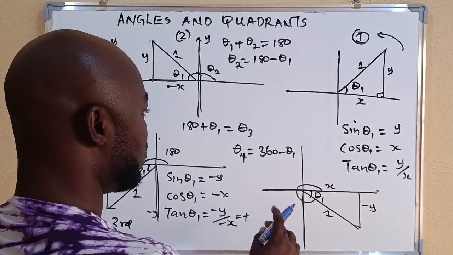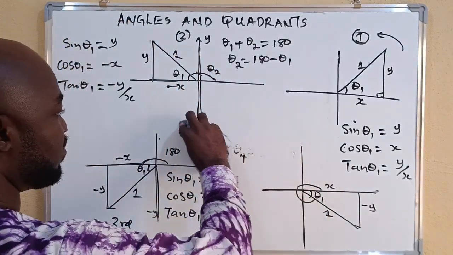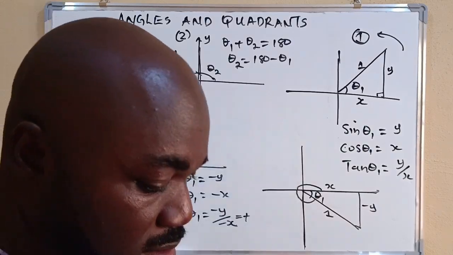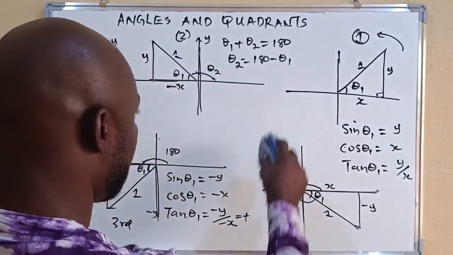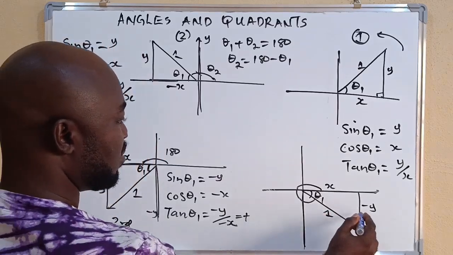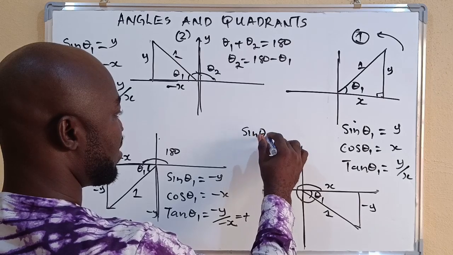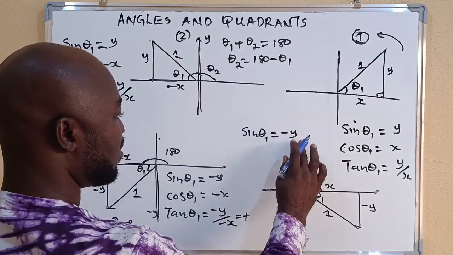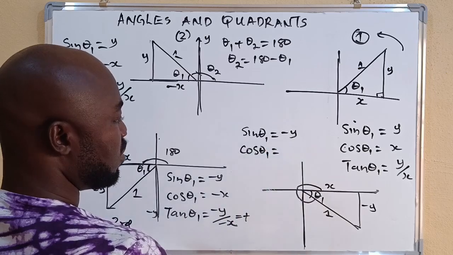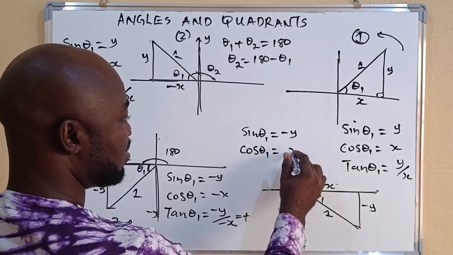So what do we do here? We progress to give our values for sine, cosine, and tangent. For this axis, sine is opposite over hypotenuse, so sine theta 1 will be minus y, negative. Cos theta 1 will be adjacent over hypotenuse, which is x.